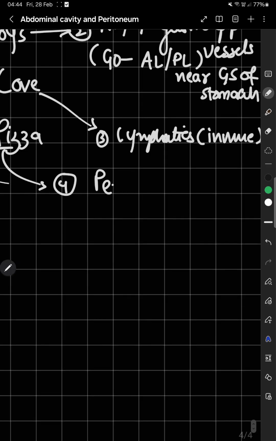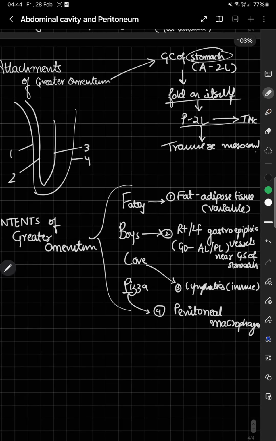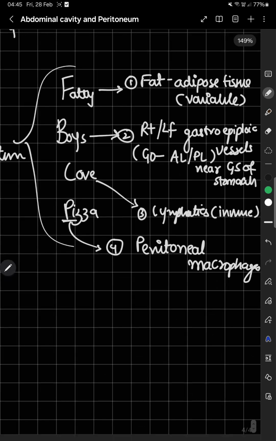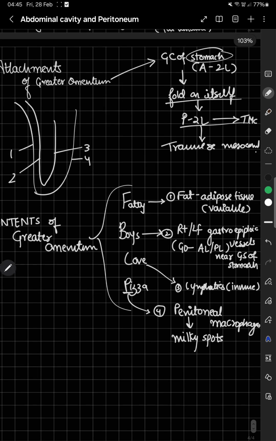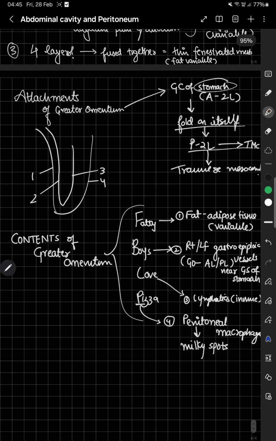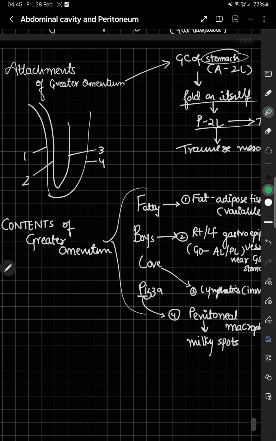So here we have peritoneal macrophages. This is the one which forms the milky spots, the dense patches of macrophages. Okay, so this is all about the contents of our greater omentum.